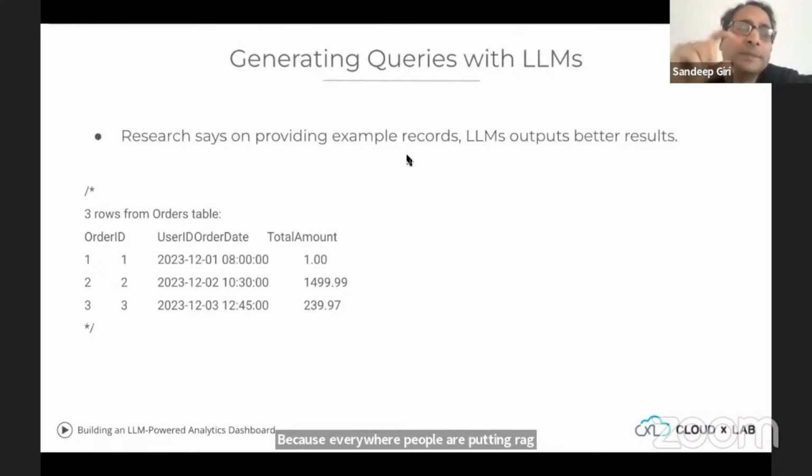RAG specifically is a term used when, let's say, you have 50,000 documents and you want to answer a question based on them. You can't put all 50,000 documents into a prompt and tell ChatGPT or any LLM to answer based on them, because LLMs have a fixed prompt size.